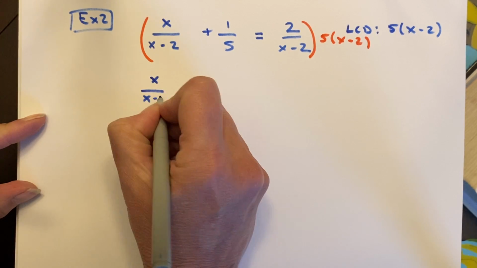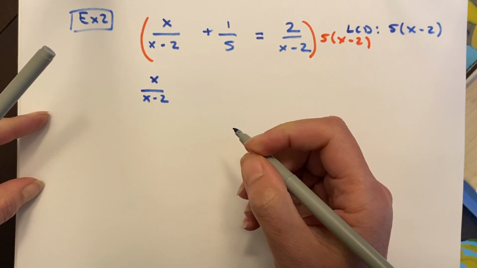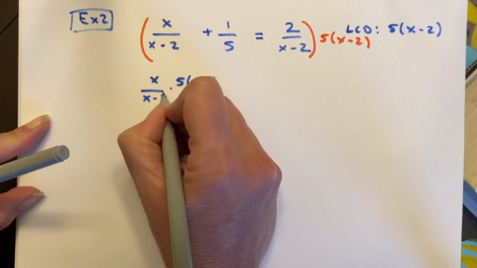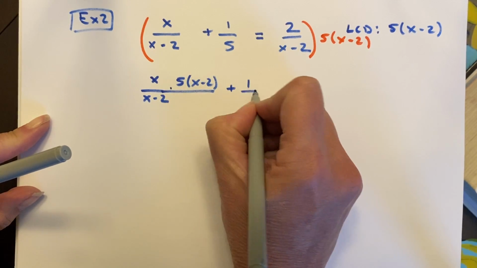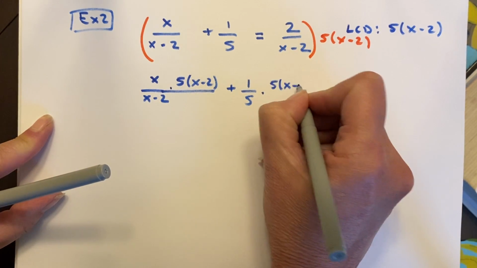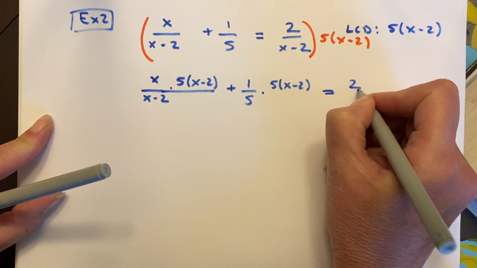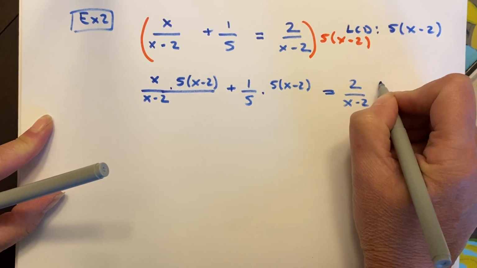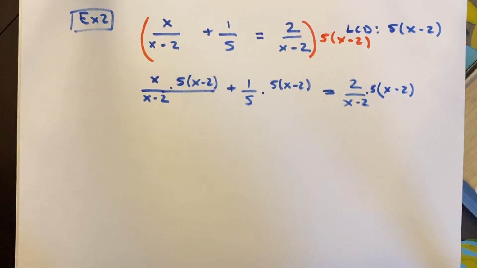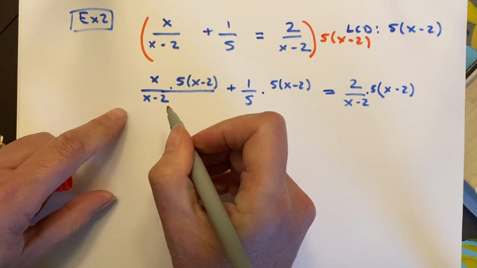X over x minus 2 times my LCD, 5 times x minus 2, plus 1/5 times 5 times x minus 2 equals 2 over x minus 2 times 5 times x minus 2. What this is going to do, by multiplying by the LCD, is allow you to clear fractions, and you'll see what I mean.